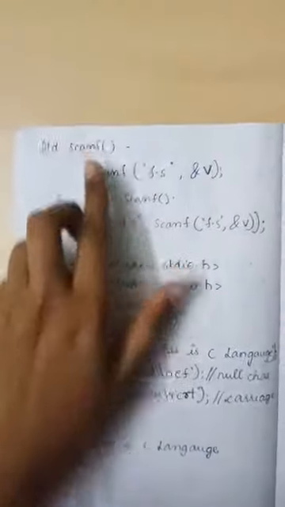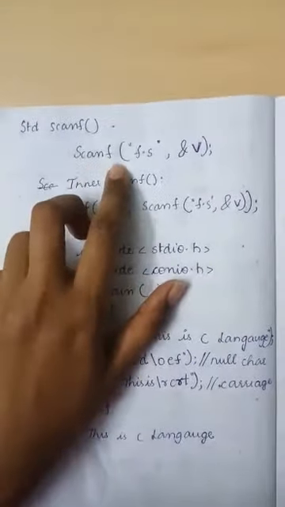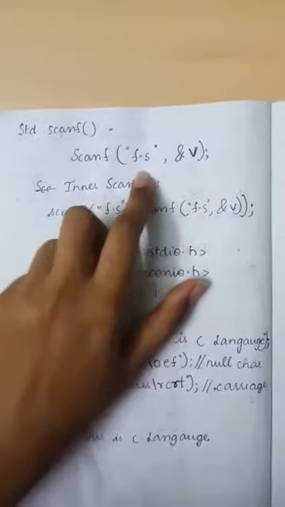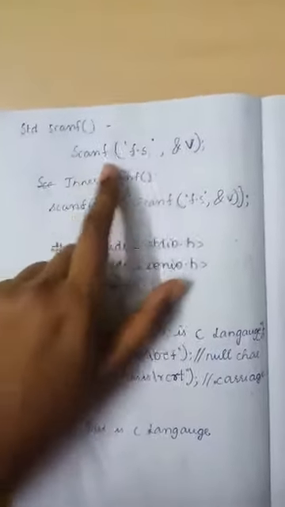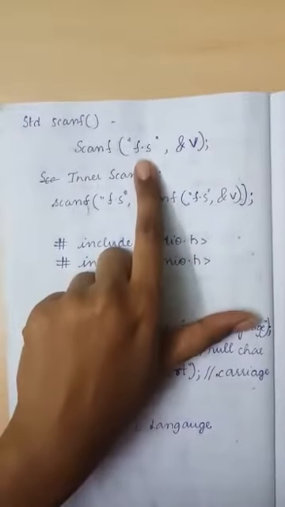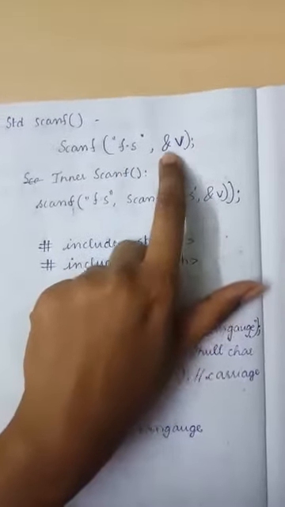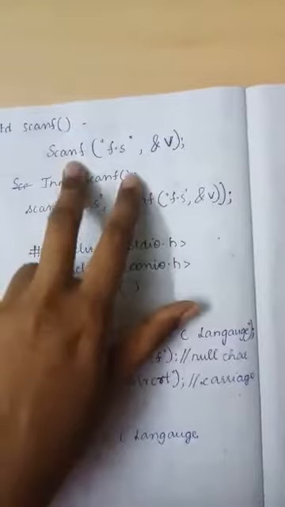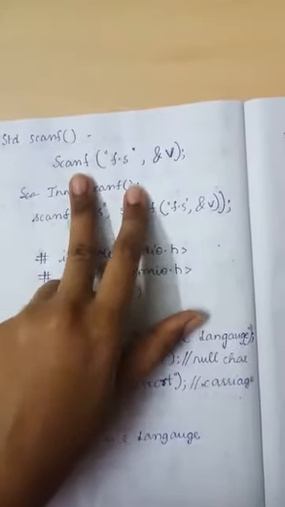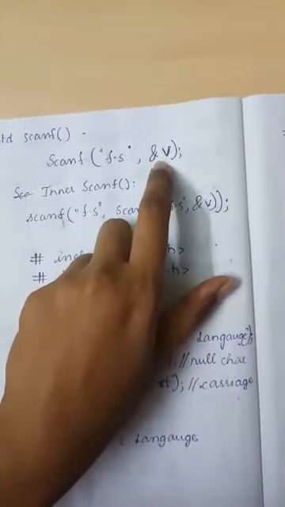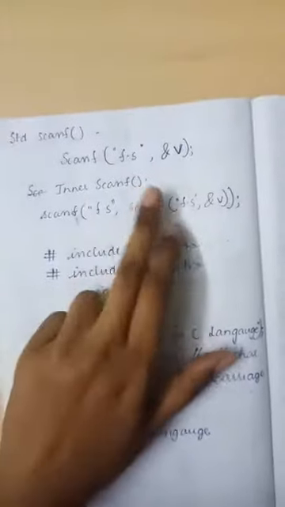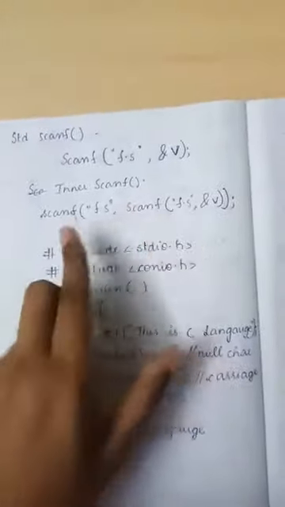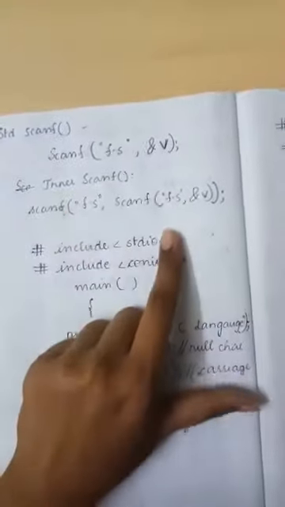I also told you that the scanf return type is integer, so the format specifier is %d, and this symbol (&) is a must while using scanf. This is the variable. Next, inner scanf: a scanf within a scanf is known as inner scanf.